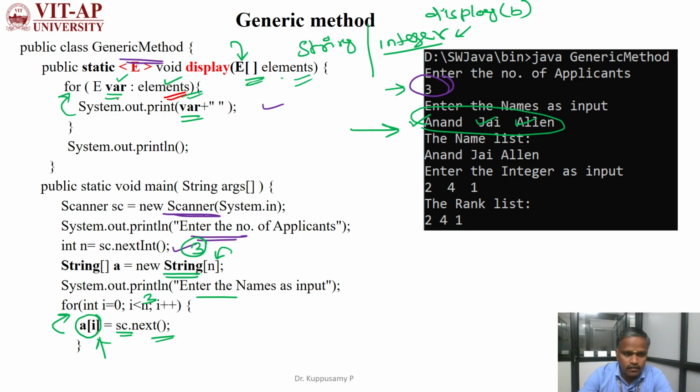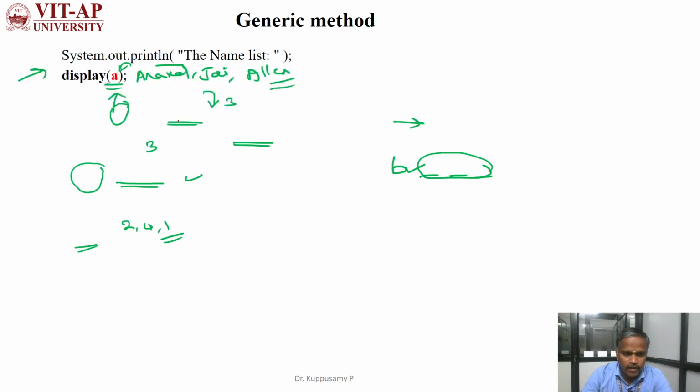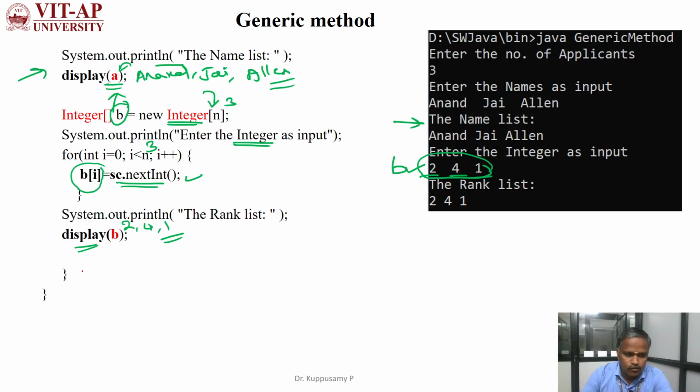We are using the variable var, which prints 2 first, then leaves some space, then the for each loop increments, then 4 is printed, then leaves some space, then incrementing again, 1 is printed. Now the elements are over in the array, so it comes out of the for each loop. After this there are no statements, so it comes out of the program.